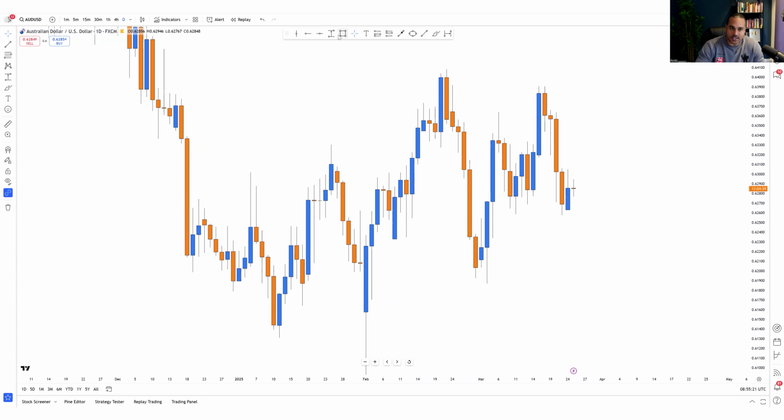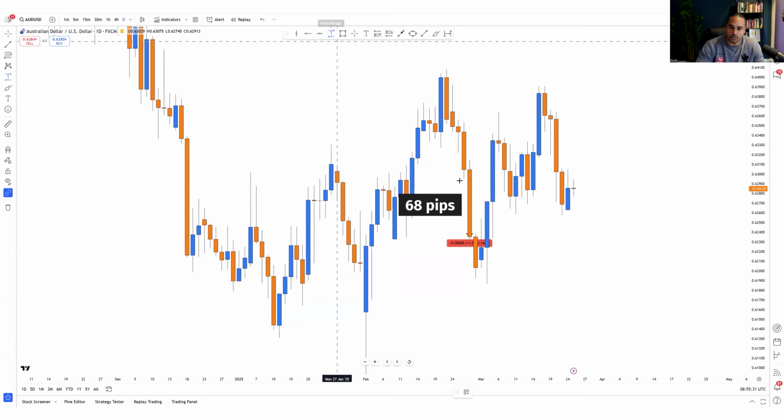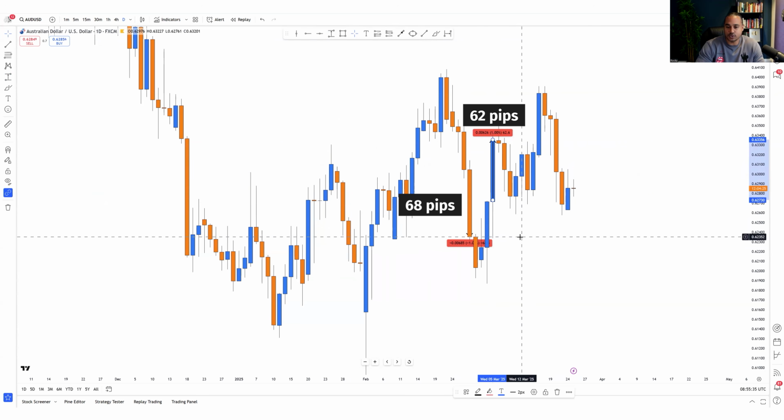Well, simply because every candle has a range. If we take this daily candle, for example, you can see that price has moved around 68 pips. If we take this bullish candle, price has moved a range of about 62 pips.